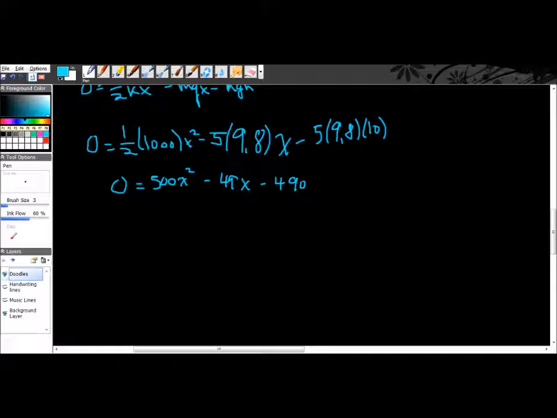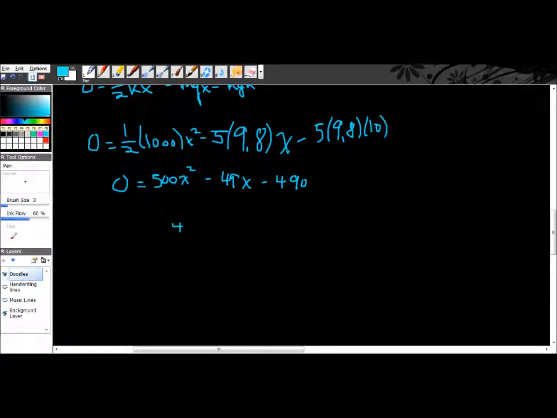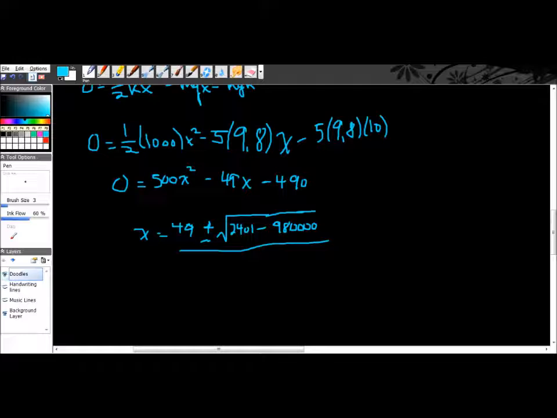From here we can just use the quadratic equation. x equals 49 plus or minus the square root of 49 squared, which is 2401, minus 4 times negative 490 times 500, which is 980,000, and this is divided by 2 times 500.